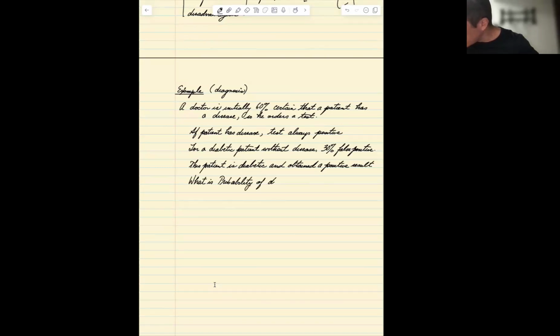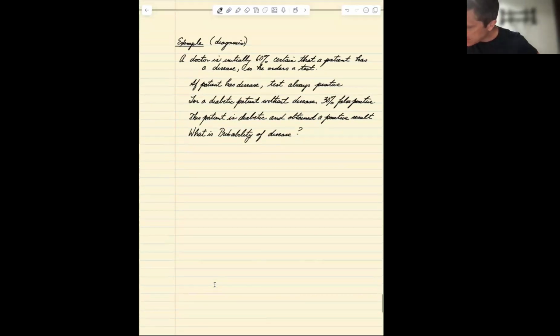Now this is a conditional probability, right? We started out with a 60% probability, and now we have additional information, which is that there's a positive test. So first of all, let D be the event that there is a disease. Let plus denote the event of a positive test.